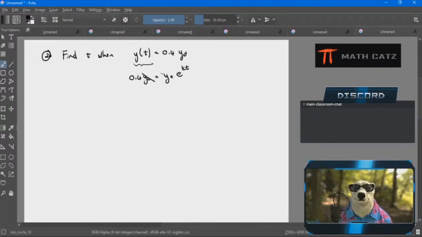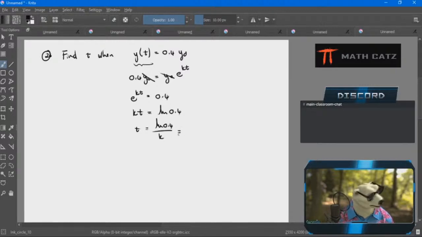And again, I see the y0s cancel. I don't need to know how much exactly there was. It's all relative. So I have 0.4. So same process, kt is the natural log of 0.4. So t is natural log of 0.4 over k. And I just have to make sure I use the most accurate k I can coming from the half-life formula.